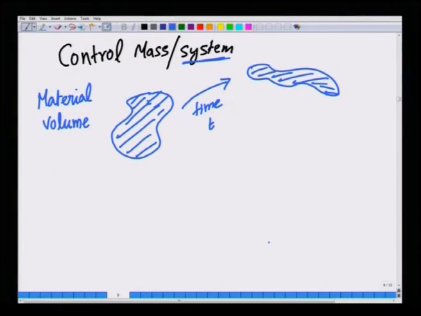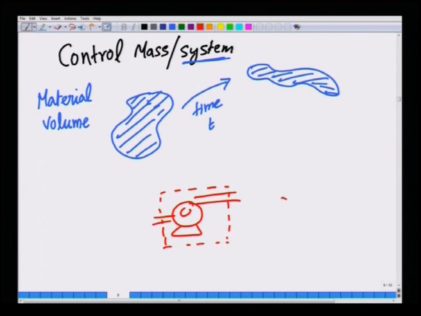But the difficulty in fluid mechanics is that we do not want to follow the same set of mass points, because of most applications in fluid mechanics. For example, you may have a pump which is delivering the fluid, and you may want to understand what is the power requirement in a pump.